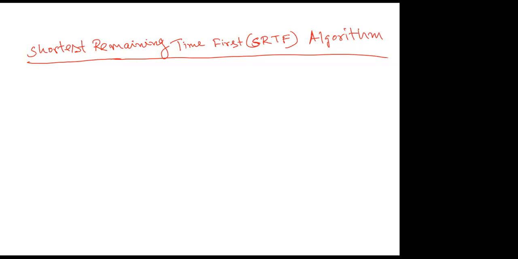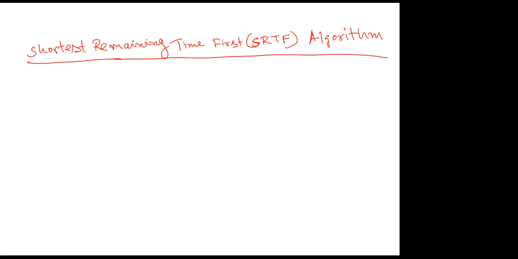Then your CPU will stop the currently executing process, and the OS will schedule the CPU for the higher priority process. Higher priority means nothing but the process that contains the shortest burst time.